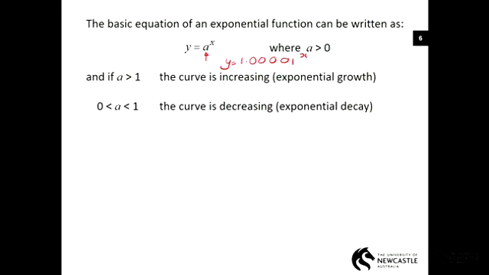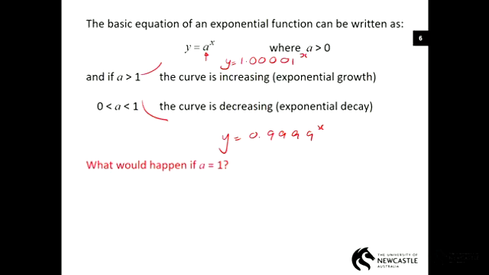If you keep timesing by 1.00001, it's increasing. Anything greater than 1, but if I times it by even just 0.9999, that's decreasing very slowly, but it's going downhill. So that's always saying this number is either bigger than 1, which is growth, or it's less than 1, which is decay. We're not interested in what if A is 0 or A is negative.